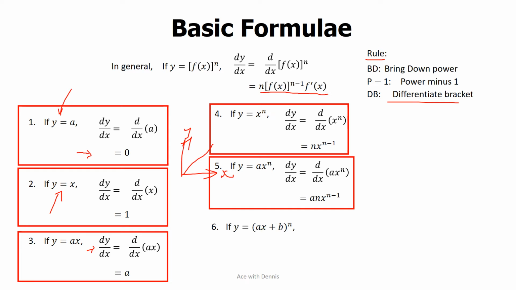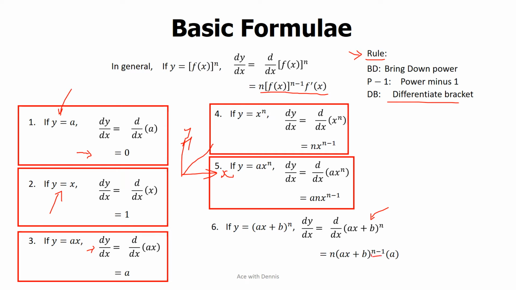Lastly, number 6, if y equals (ax plus b) to the power n, we can rewrite dy over dx equals d over dx of (ax plus b)^n. Now we have a bracket here, so we can apply the rule mentioned earlier. Power bring down n, then power minus 1, so n minus 1 here, and then differentiate the bracket.